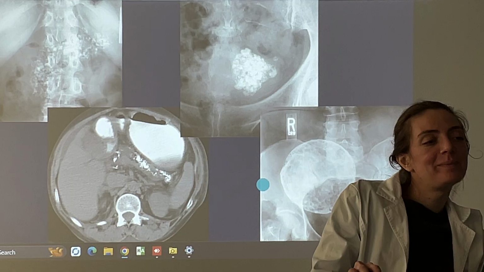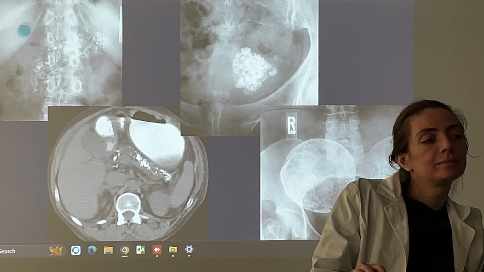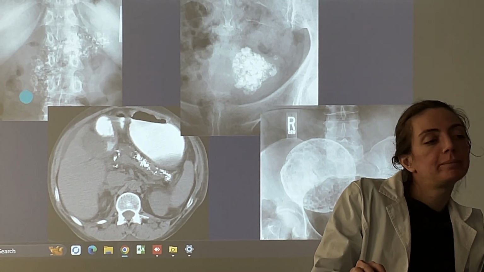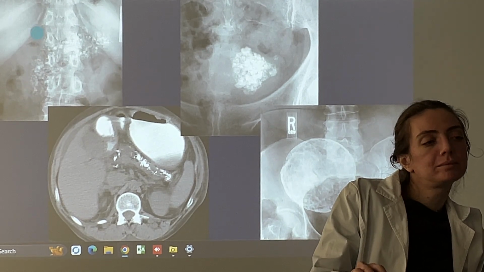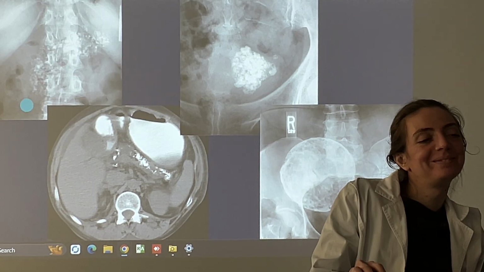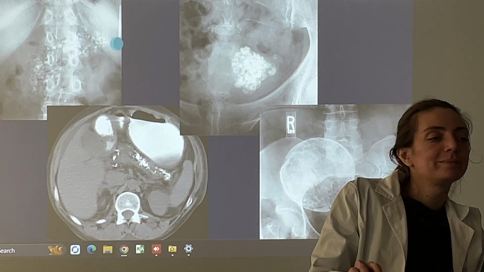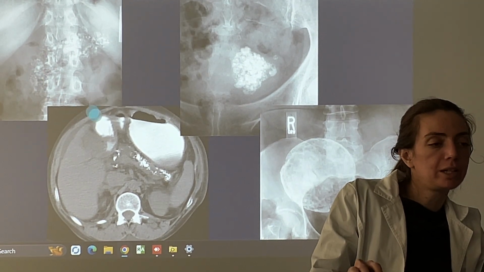No. What is this? Liver. Maybe breast shadow. It's not breast. Okay, what is this? Pancreas. That is pancreas calcification.